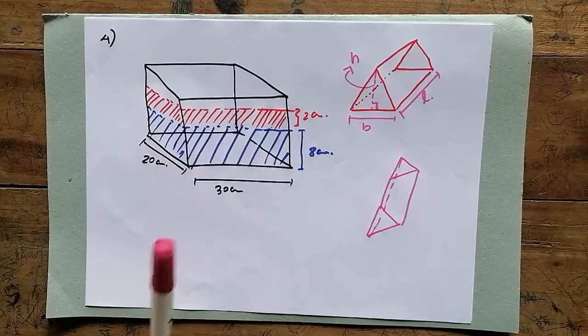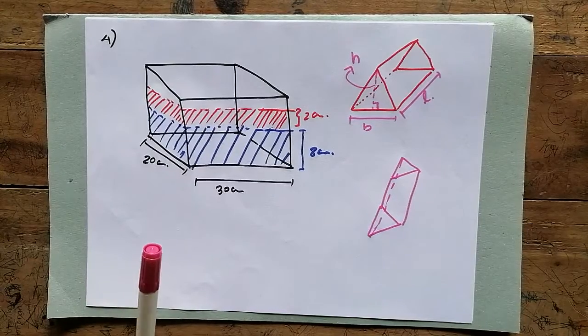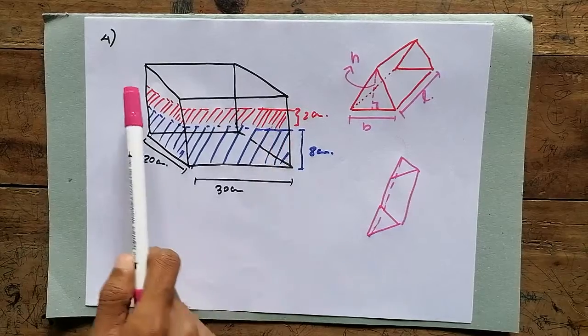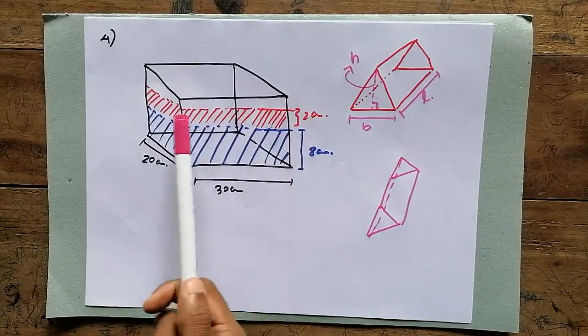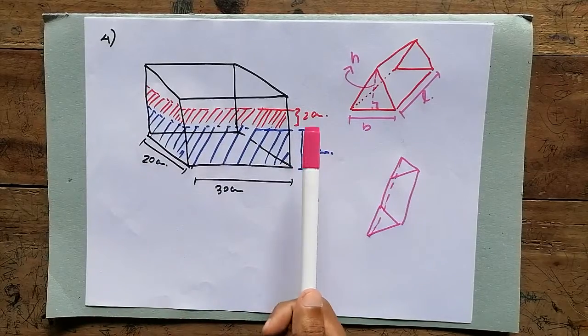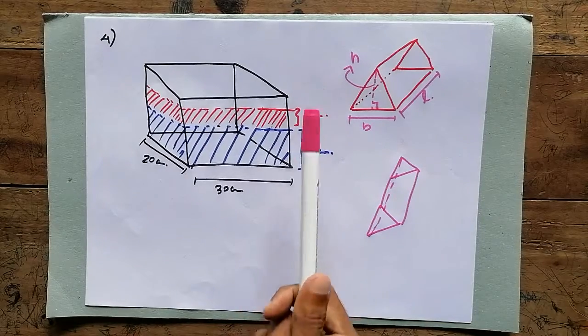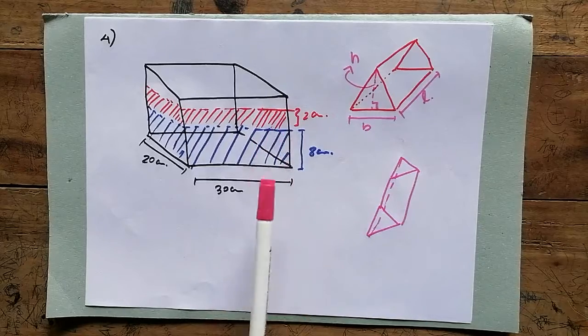The second part: if the level of the water in the vessel rises by 2 centimeter. I draw it with the red color. The 8 centimeter height of the water level is going to be raised by 2 centimeter, so totally it's 10. So I mark it as the difference.